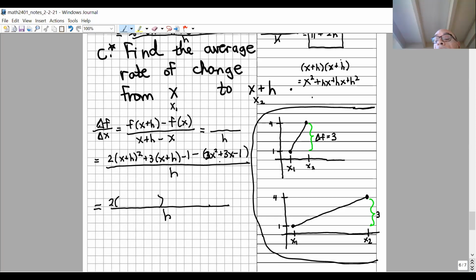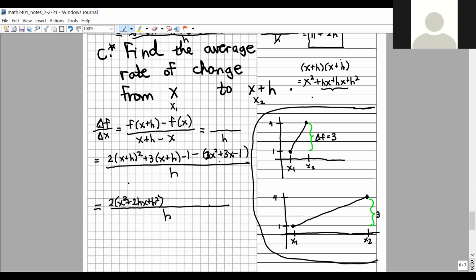So when you multiply x plus h times x plus h, this is what you get. These two terms you can add together, though, because they're like terms. So you end up with x squared plus 2hx plus h squared, in parentheses, because you still have to multiply by this 2.